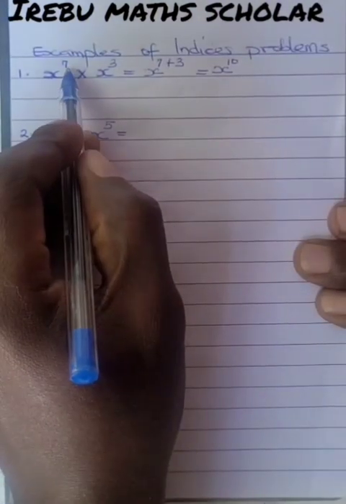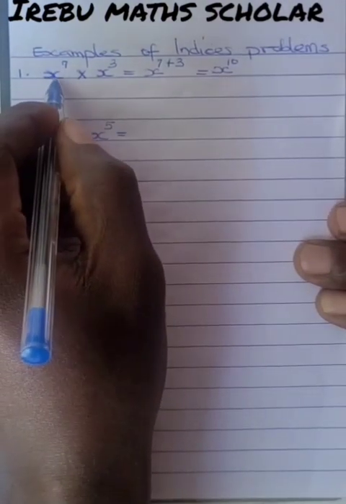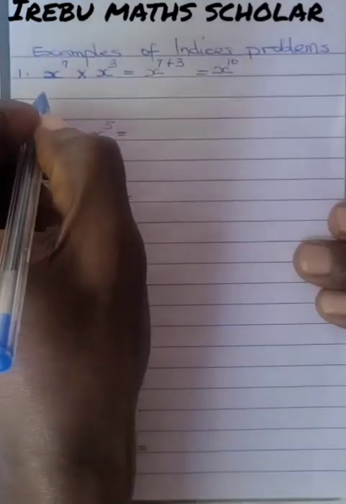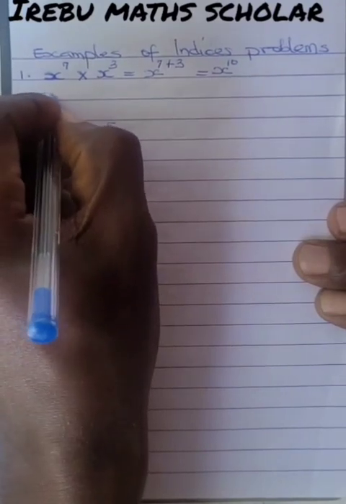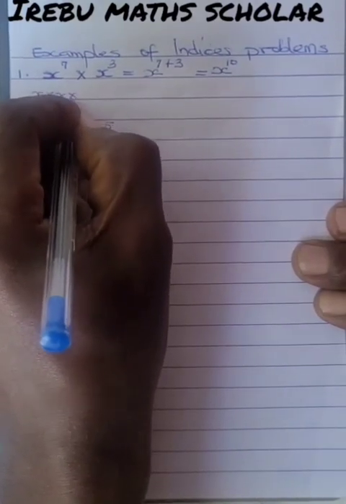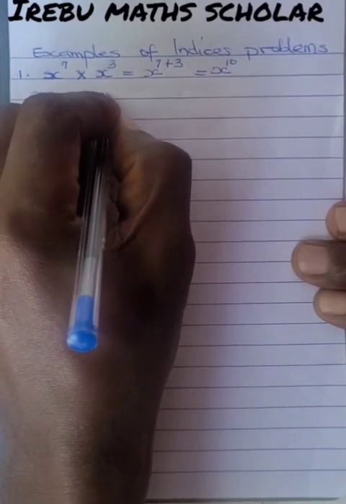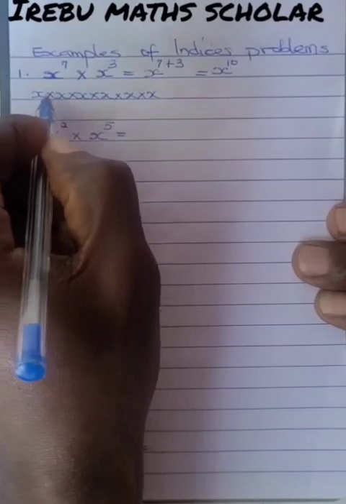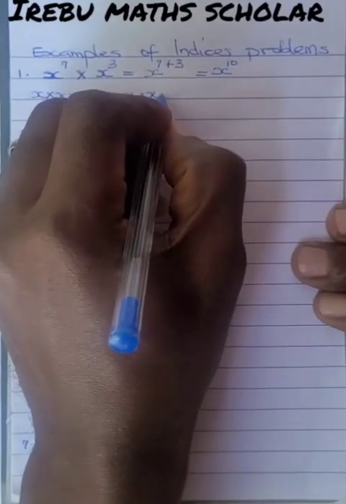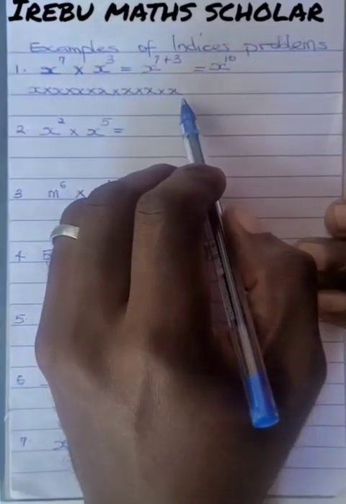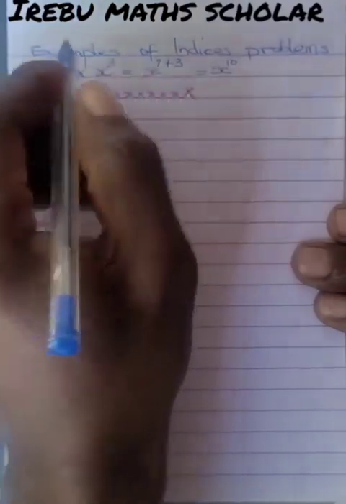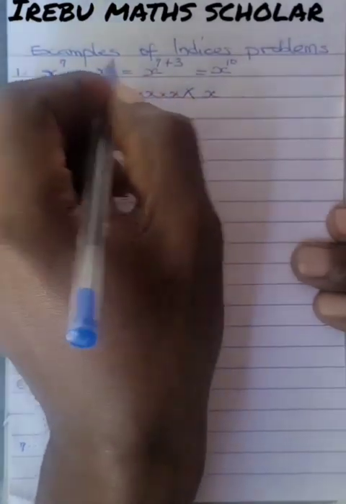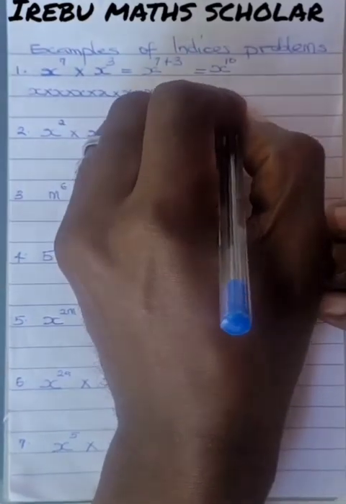x to the power of 7 is written as multiplying x by itself 7 times. That means we're going to have x times x times x times x times x times x, that's 1, 2, 3, 4, 5, 6 times x, which is 7. Then times x raised to the power 3, which is x multiplied by itself 3 times.